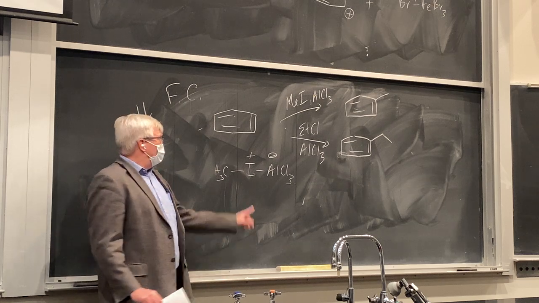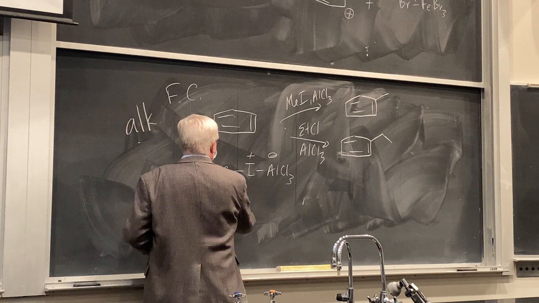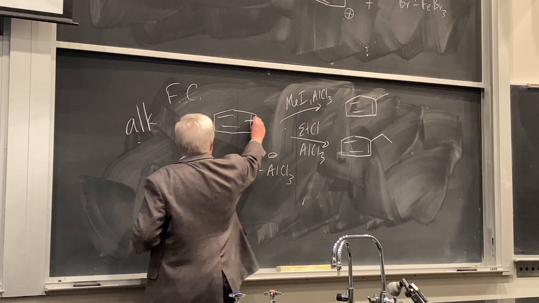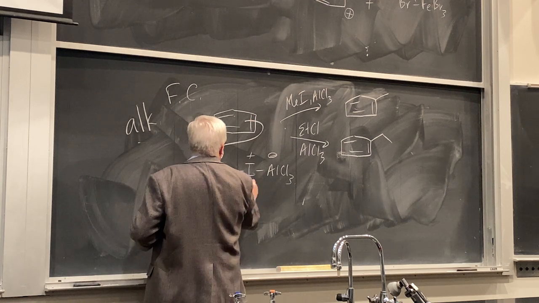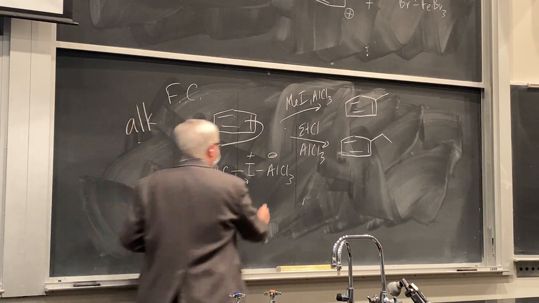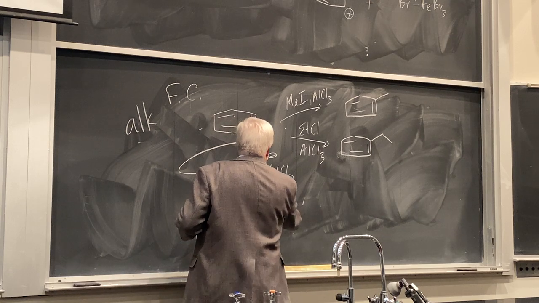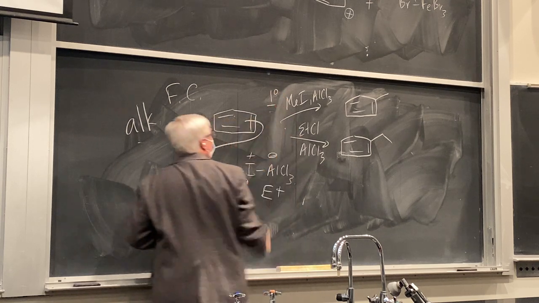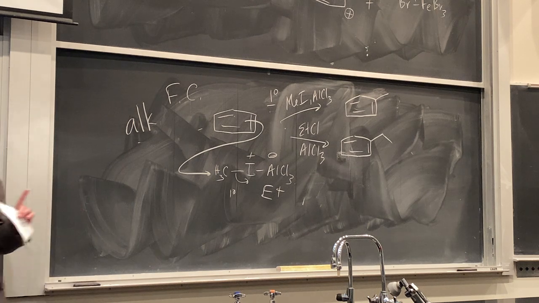But now this is primary here, right? So this is actually reactive enough to react directly with benzene. This is the true electrophile if it's primary. No carbocation. Why? Because that's much higher in energy. It's not free like that.